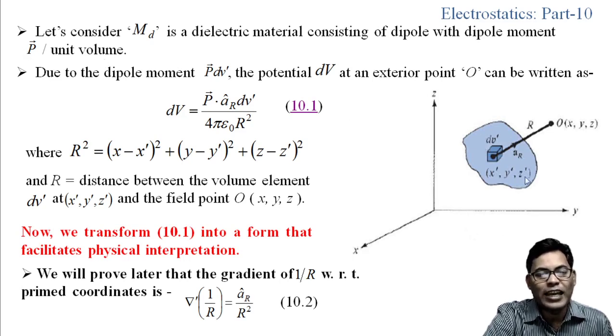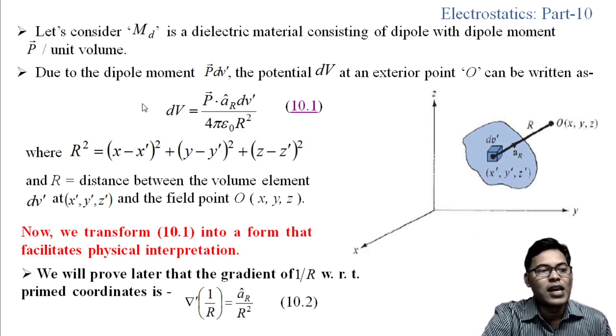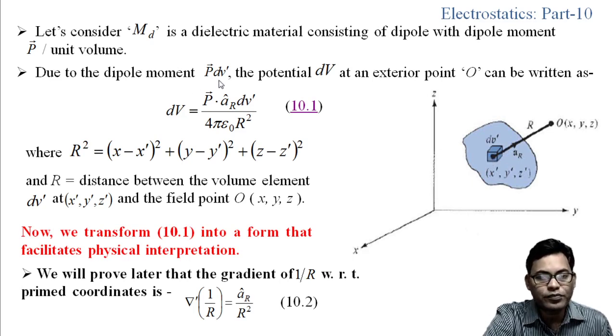So, in this dielectric material, we have considered now the elementary volume dV prime at the point x prime, y prime, z prime. So, as the P is the dipole moment per unit volume, so the total dipole moment enclosed by this volume dV prime can be written as P dV prime.